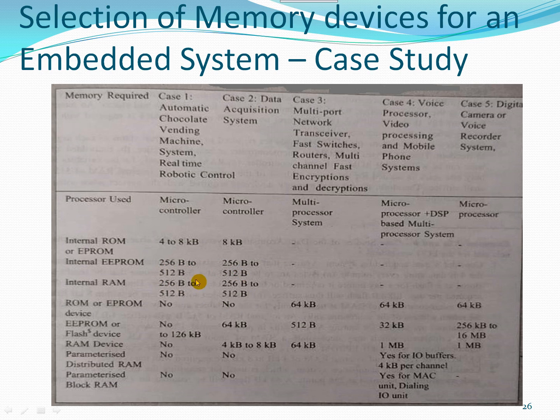And EEPROM is given as 256 bytes to 512 bytes, and the internal RAM is 256 bytes to 512 bytes for the chocolate vending machine and for data acquisition also. And we require the parameterized distributed RAM and the parameterized block RAMs for applications such as the video processor and the network transceivers.